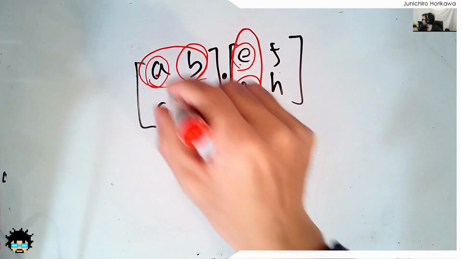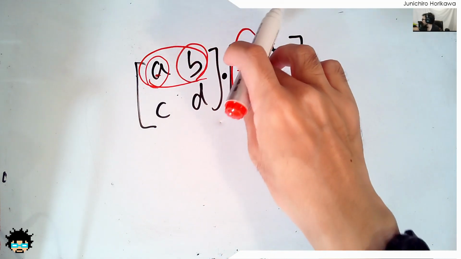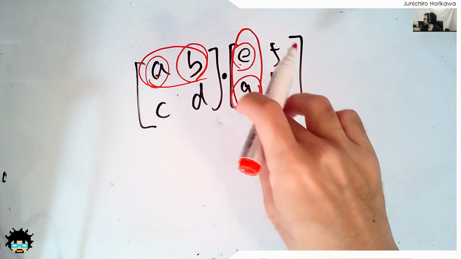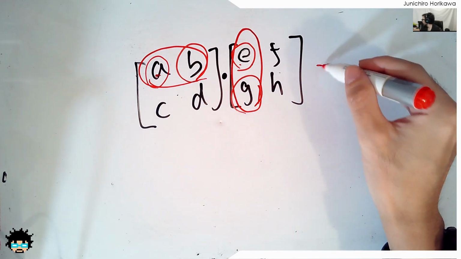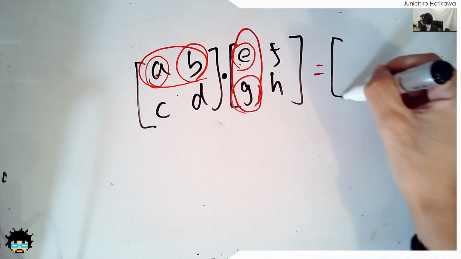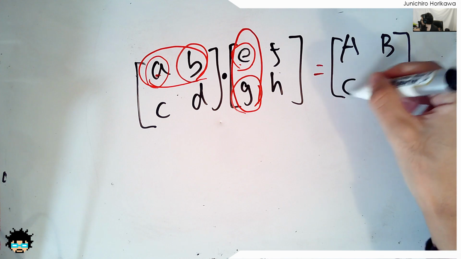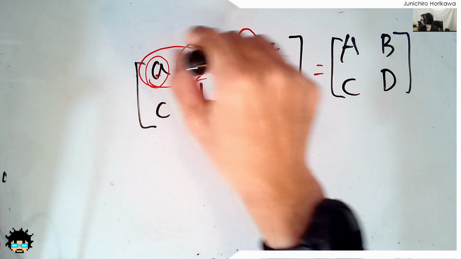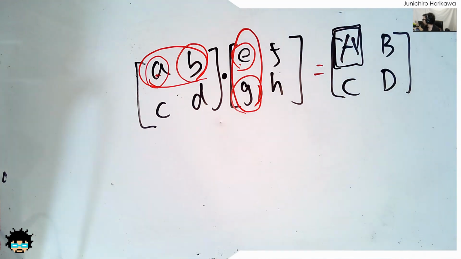What you do next is add those values together. So A multiplied by E plus B multiplied by G. That result is going to be the new value for the first row and first column, so the value you have just calculated is going to be set as this capital A value.